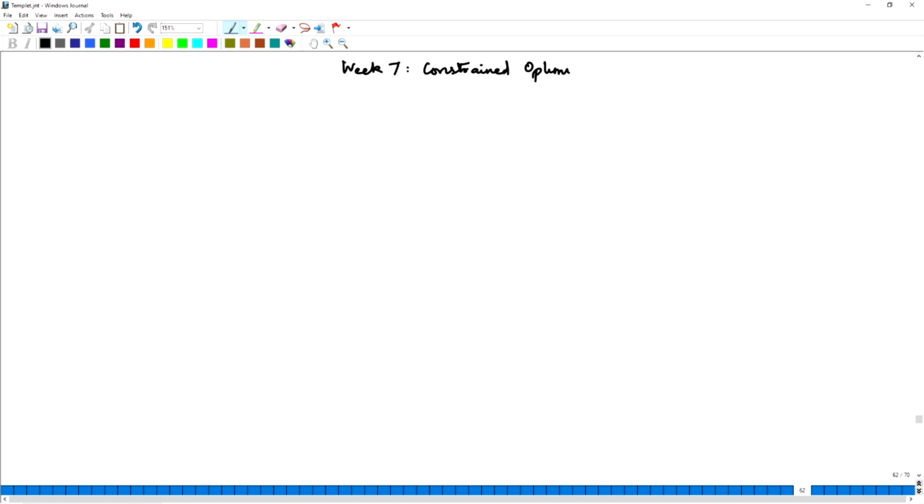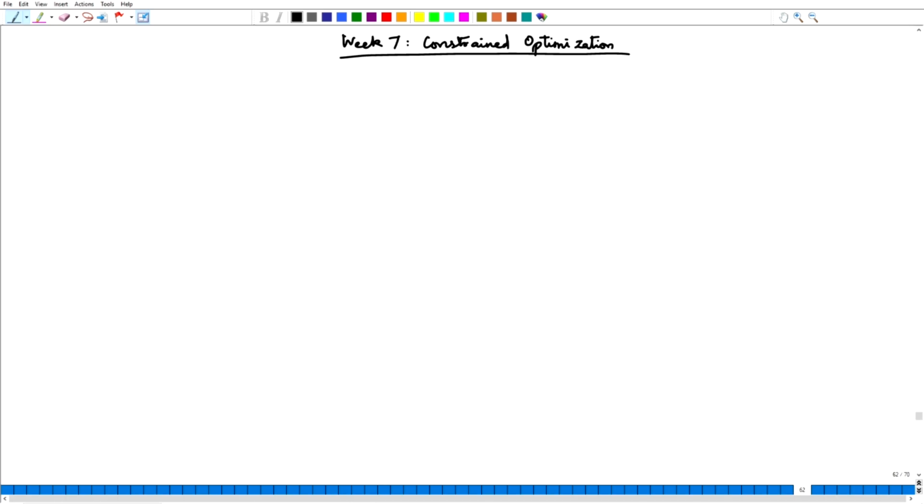As I just mentioned, we will start with constrained optimization. Recall the definition of a constrained optimization.